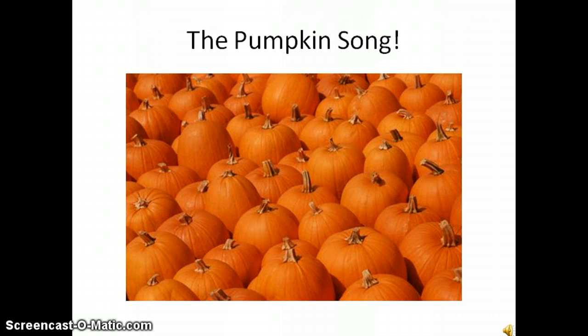Now it's a pumpkin. When we go to the pumpkin patch, we'll have so much fun. Maybe stand out an hour or two till we find the best one.